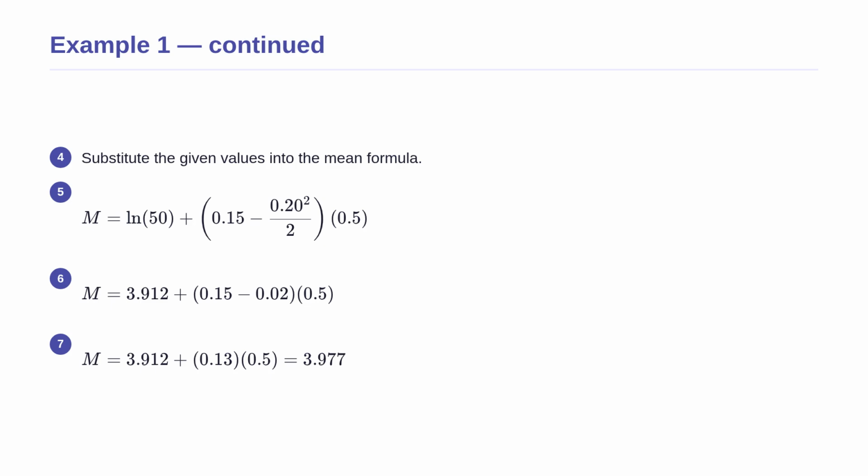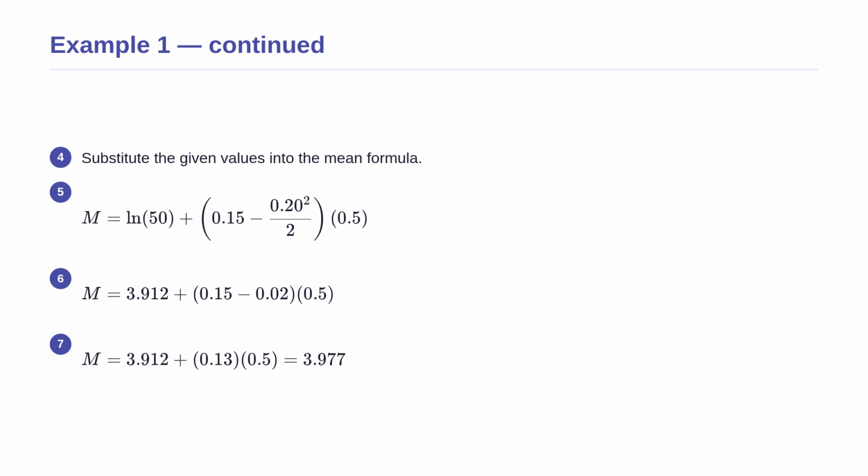Continuing with our calculation, we substitute our given numerical values into the mean formula. We plug in 50 for the initial price, 0.15 for the expected return, 0.20 for the volatility, and 0.5 for the half-year time period. First, we must square the volatility and divide it by 2 to find the volatility drag, which comes out to 0.02.